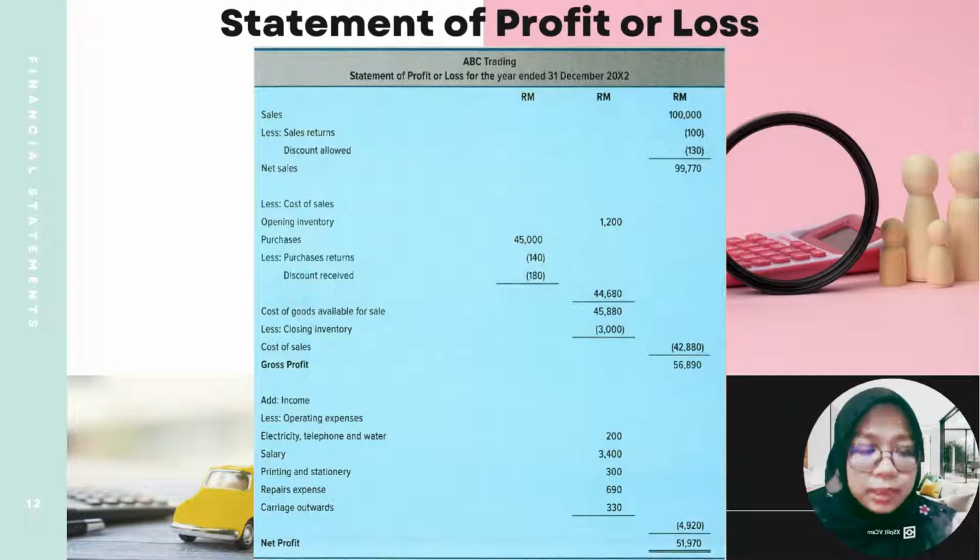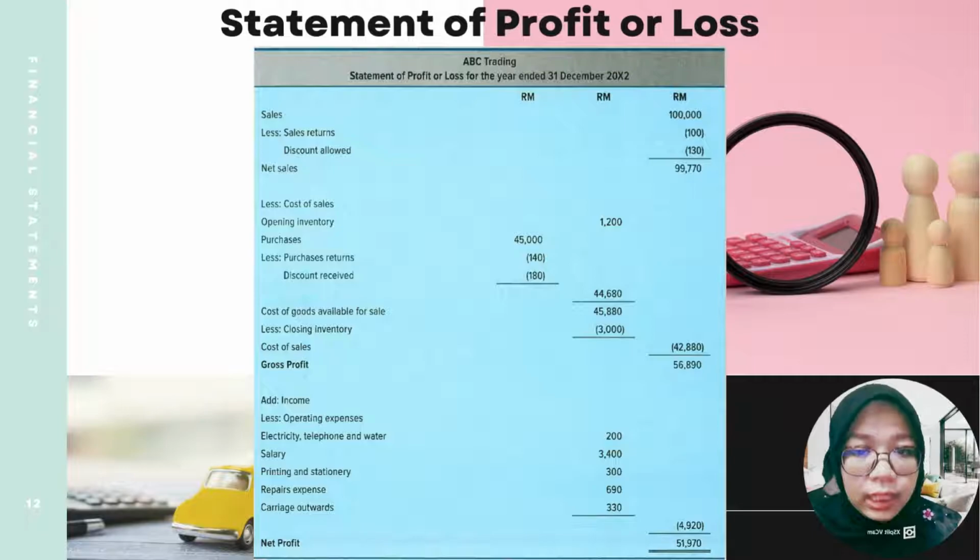Then minus cost of goods sold: you start with the opening inventory plus any purchases and minus any purchase return and discount received. You will get the figure cost of goods available for sale, minus any closing inventory, and then you will get cost of sales.